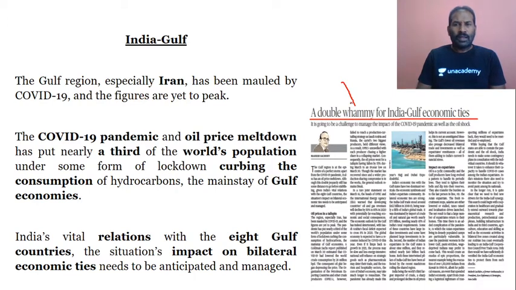We will look at what the issue was within the Gulf countries, what has really caused panic, because it talks about the impact of the COVID-19 pandemic on the Gulf countries, how the impact was in each particular country, how the relation and economic ties between India and the Gulf are, and the impact of the slash in oil prices in the Gulf area on the Indian economy.